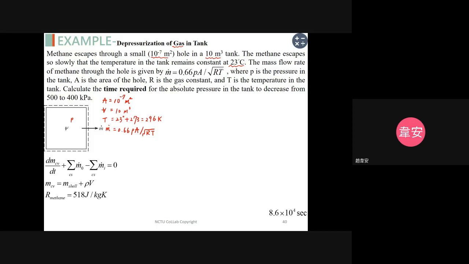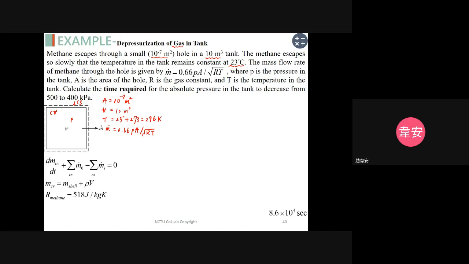So for this question, we first define the control volume as the dashed line showing here, and the inside is the control volume. The dashed line is the control surface.